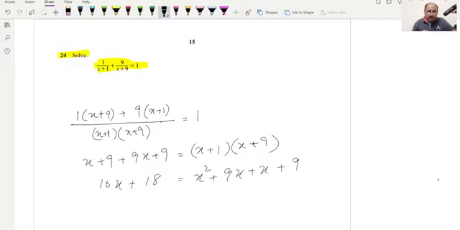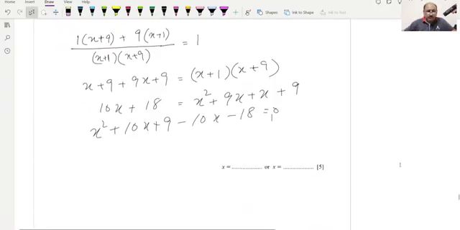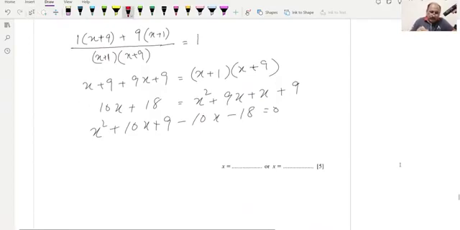Now further we can basically shift these two terms to the other side, and we will get x squared plus 10x plus 9 minus 10x minus 18 is equal to 0. So we can cancel plus 10x and minus 10x, and it will be x squared minus 18 is equal to 0.